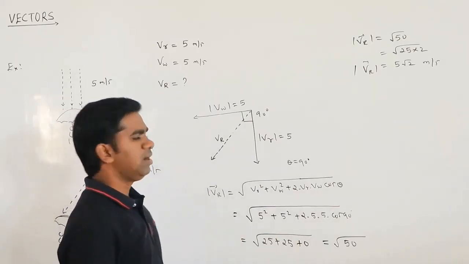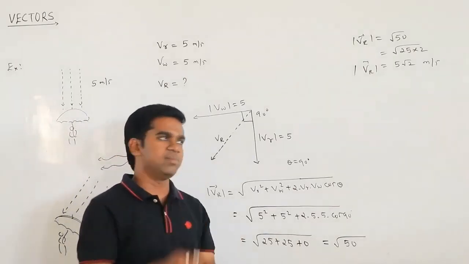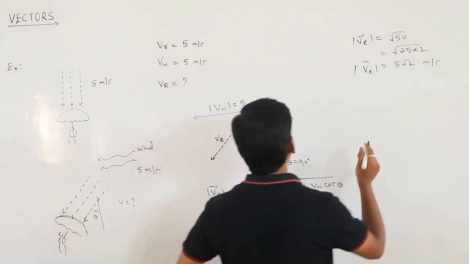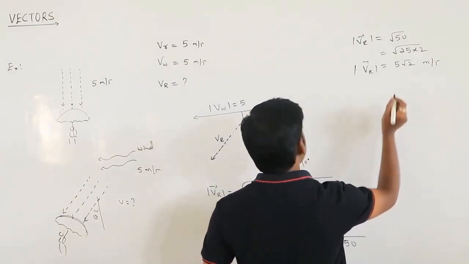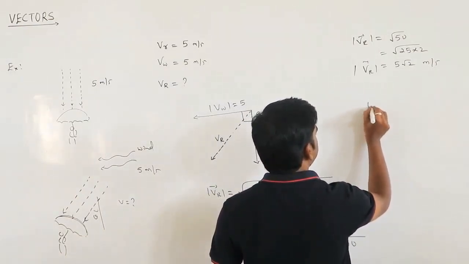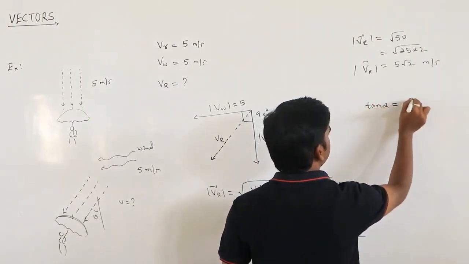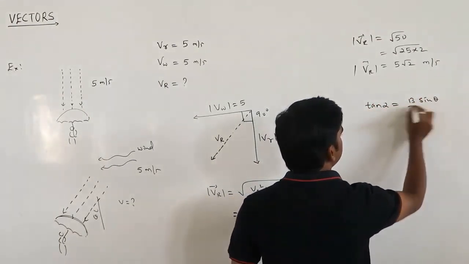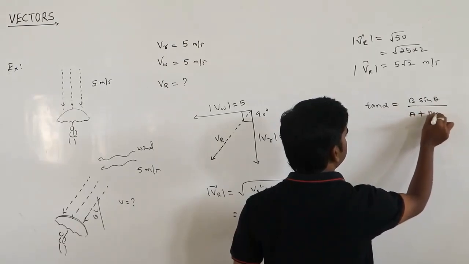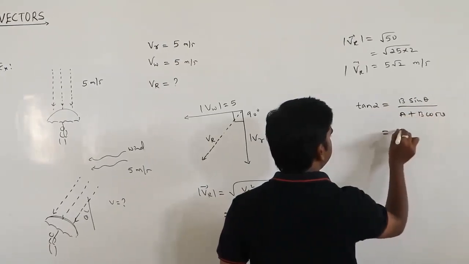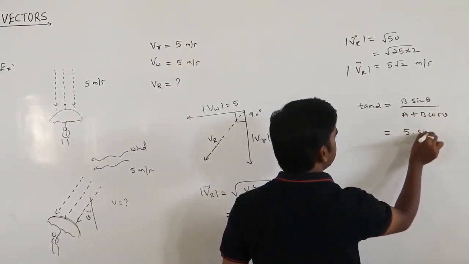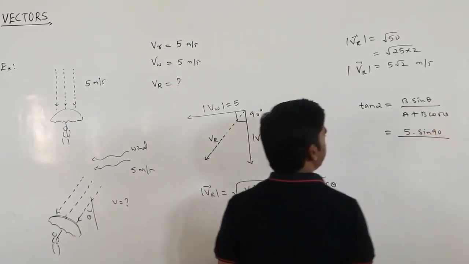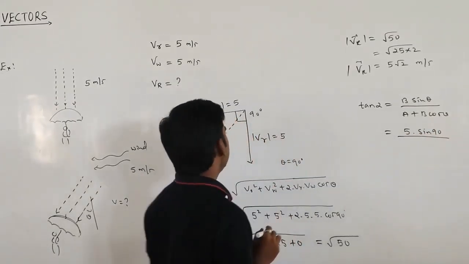Okay. Now with what angle you have to hold the umbrella? So simply you can take it as what? Directly you can write tan alpha is equals to b sin theta divided by a plus b cos theta. So what is b? 5 sin 90 divided by, alpha is what?